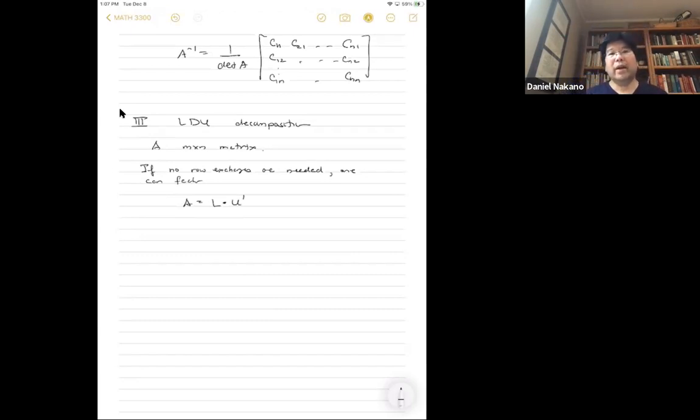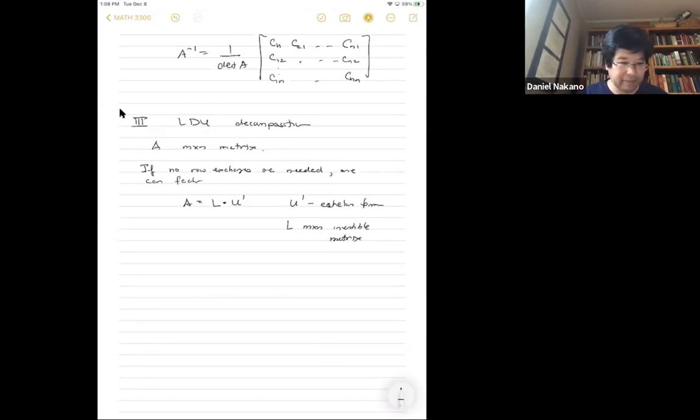The U' is just the matrix you obtain from Gaussian elimination, so U' is in echelon form. And L is an n by n invertible matrix, and you obtain this by taking the multipliers and looking at the negatives of these things.